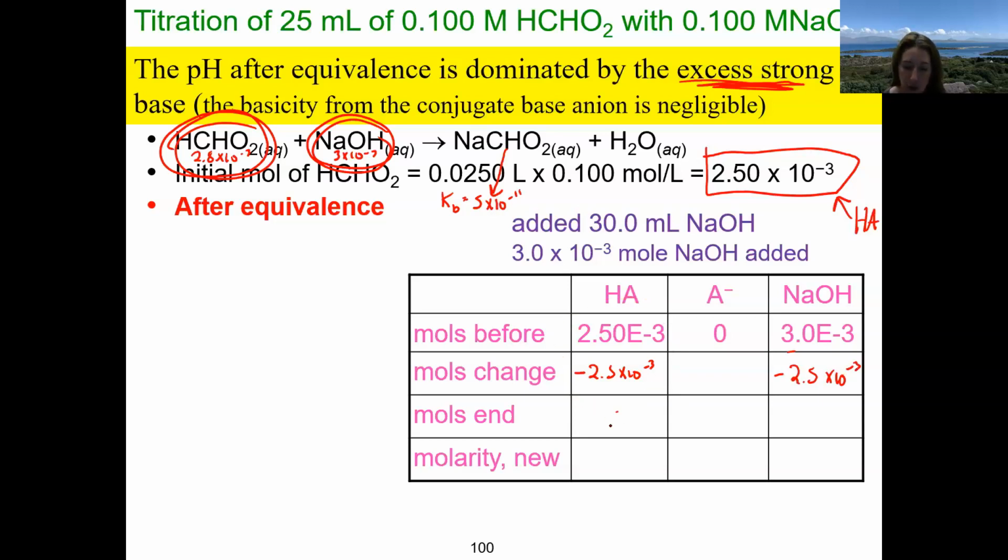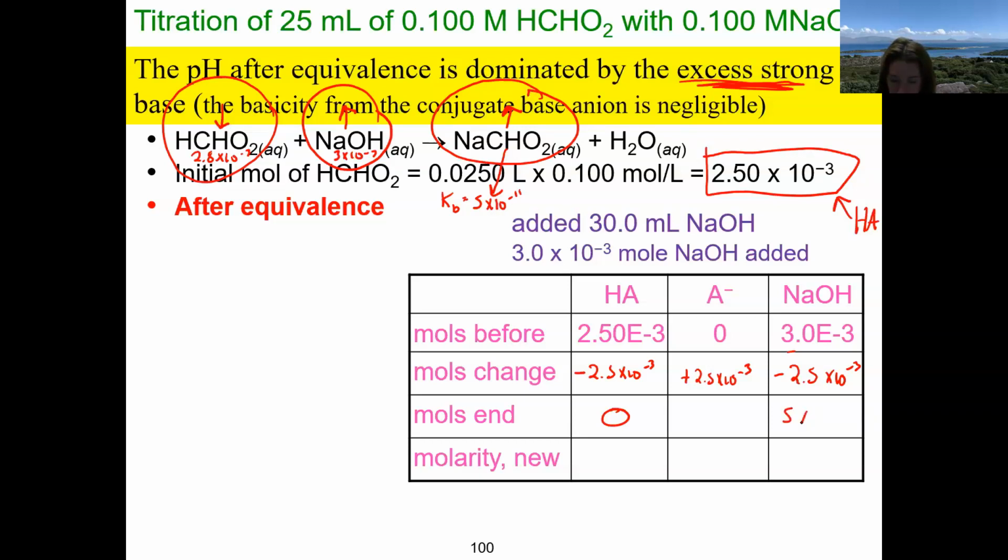So at the end, we have no acid left, and the base goes up by that amount. Again, up, up, down, that was our last lecture. The base decreases and the product increases, because they react to make more of our product. So we get 5 times 10 to the minus 4 and 2.5 times 10 to the minus 3. That's our new moles.